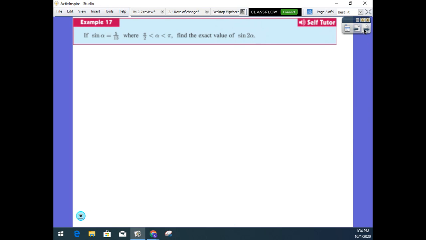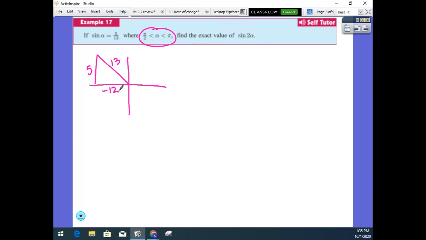Okay, this one we only know the value of sine, but they also tell us where the angle is at. It's more than pi over 2, but less than pi, which means it's in the second quadrant. So if sine is 5/13, y over r, we would use our Pythagorean theorem. But if you remember, we have a 5, 12, 13 triangle.